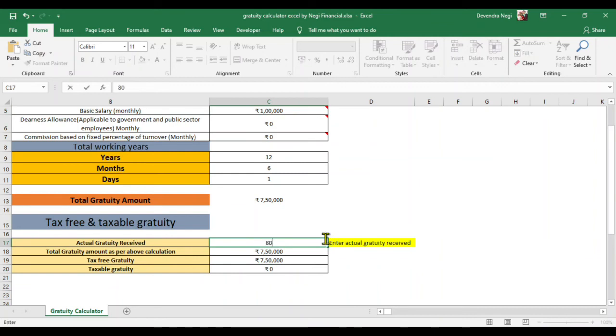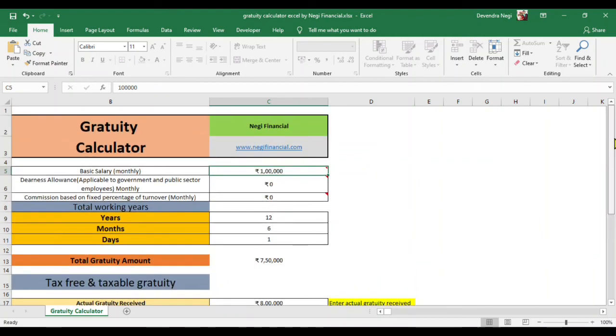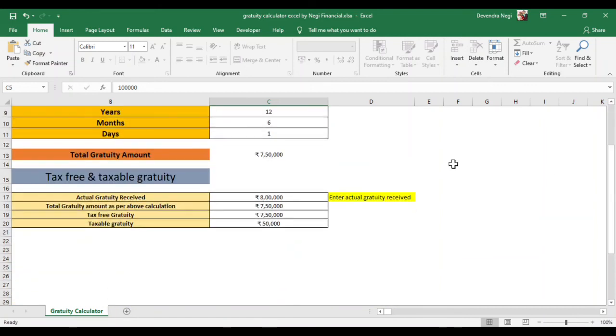Suppose you receive 8 lakh rupees from your employer as gratuity. Then the tax-free gratuity is 7,50,000 and the taxable is 50,000. This calculator helps to calculate the gratuity amount and the taxable and tax-free gratuity amount.